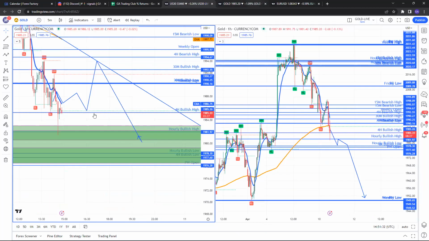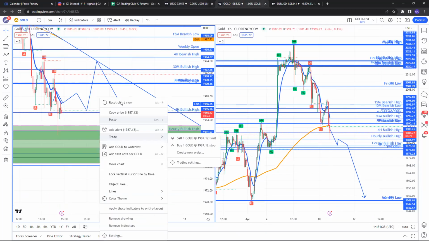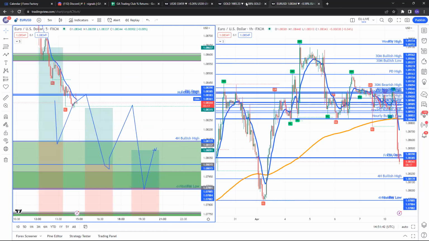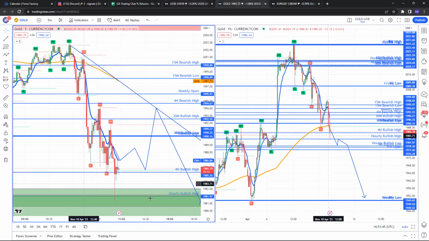Trying to see if there's any other opportunities. EU is still melting down, or tried to reverse up, so nothing on EU. Gold, unless you're scalping from this buy or demand zones right here, that's the only time you would be trading.